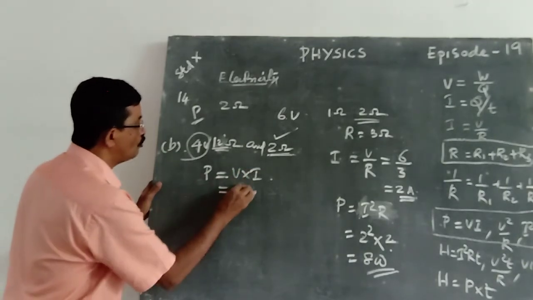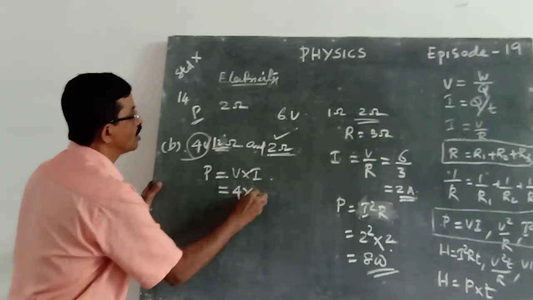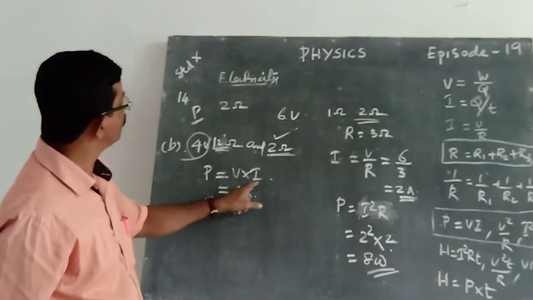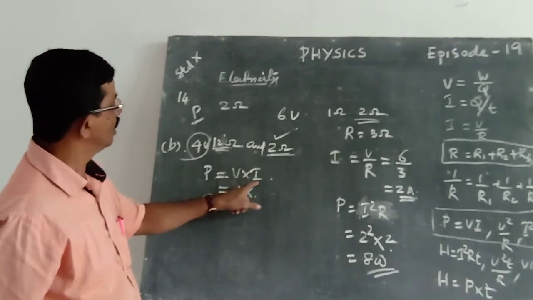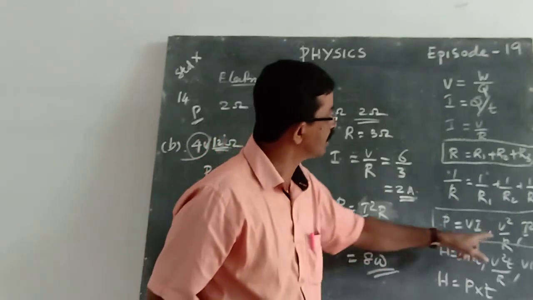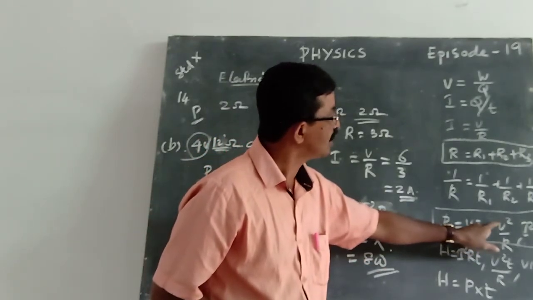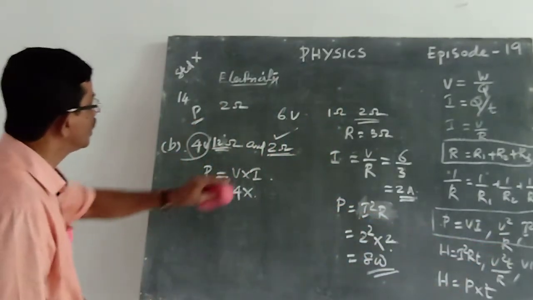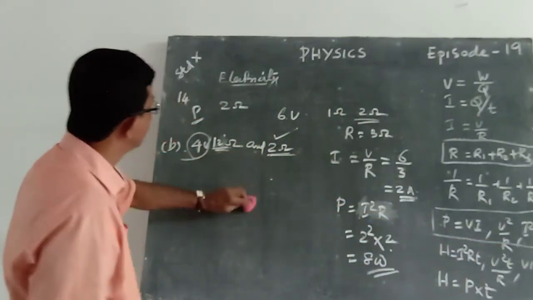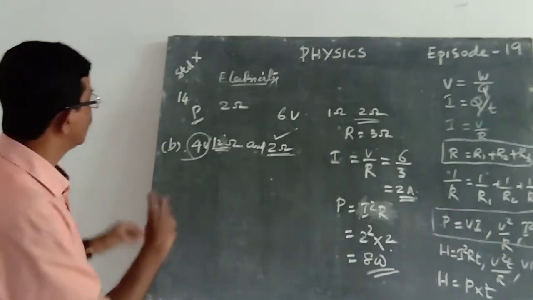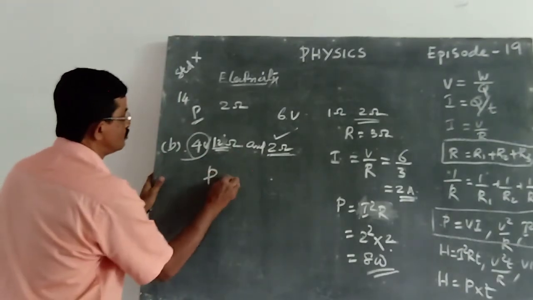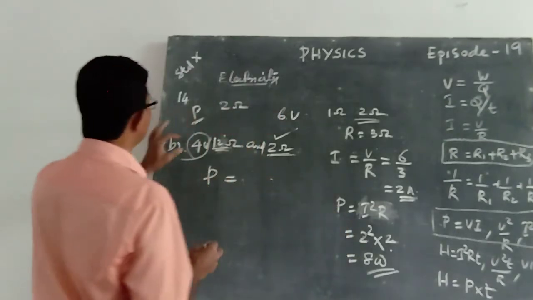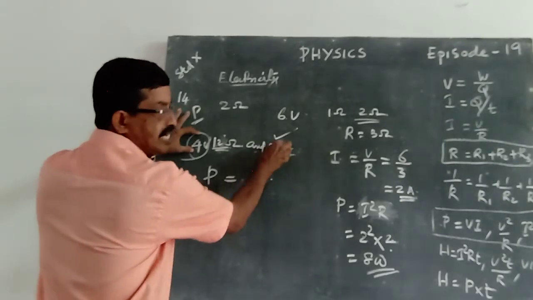But here the current is not given, but we can use voltage and resistance. It is better to use this relation, P is equal to V square by R, because V is there and also R is there.